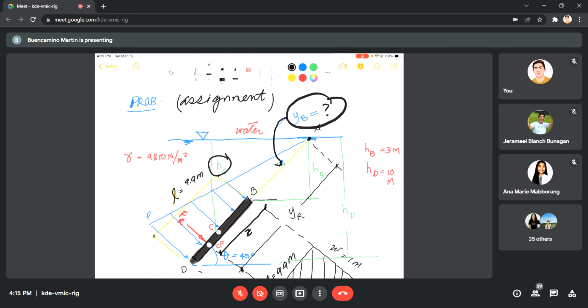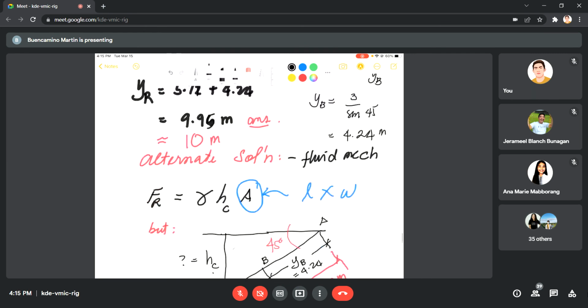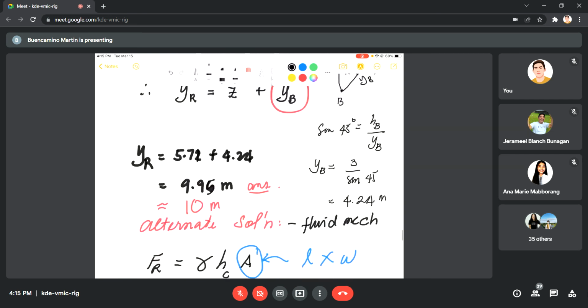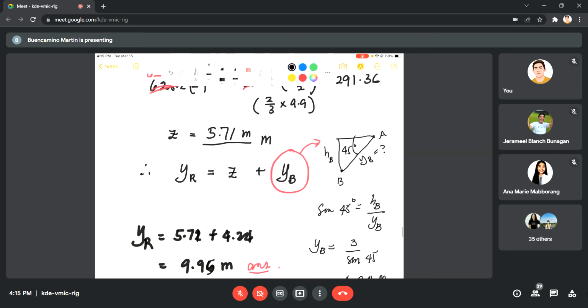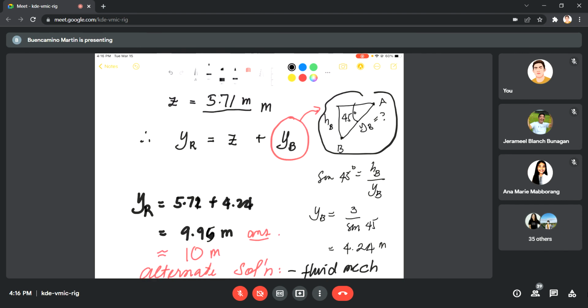Okay. Yung Y sub B natin, applying now simple trigonometry. Ano ba yun? Yung Y sub B natin is, yan, nakikita dito, is 4.24 meters.